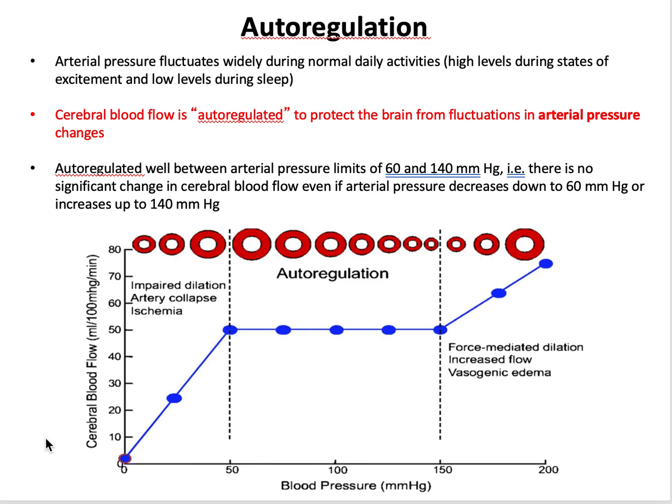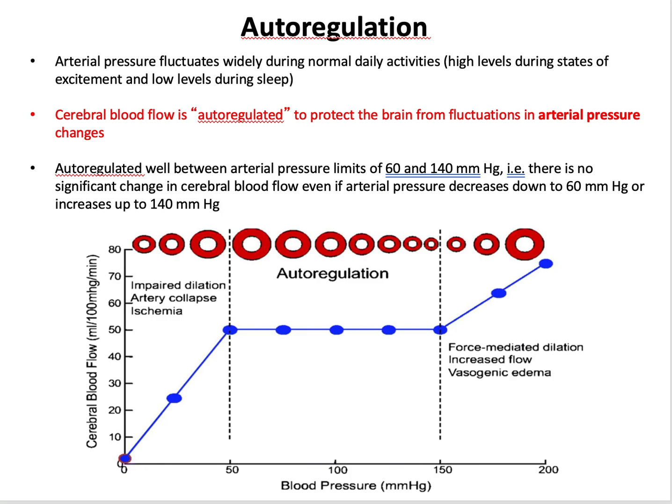So the concept of autoregulation with cerebral blood flow. Autoregulation of cerebral blood flow is the ability of the brain to maintain really constant blood flow despite changes in perfusion pressure, or despite changes in arterial blood pressure throughout the day, right?